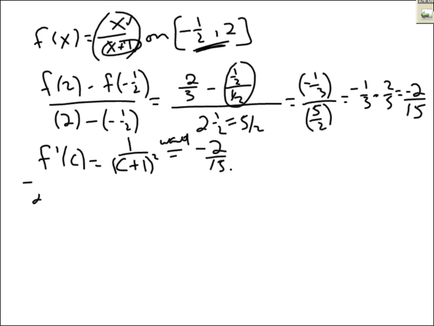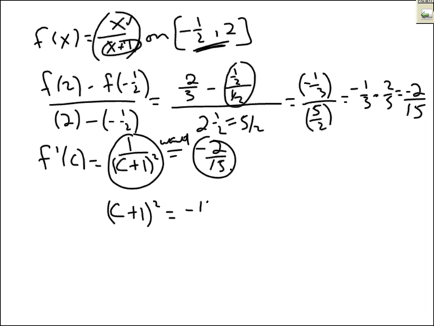Now, since c is in the denominator, I'm going to take the reciprocal of both sides, especially since the numerator is 1. If I flip this over, I get c plus 1 squared. If I flip this over, I get negative 15 over 2.